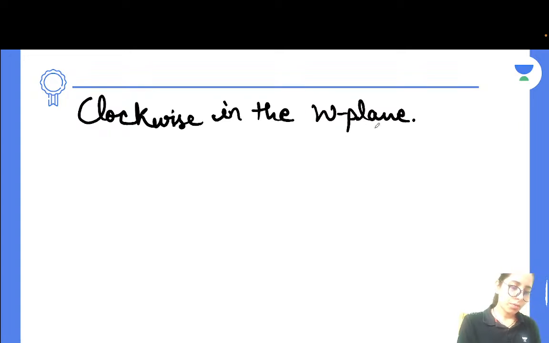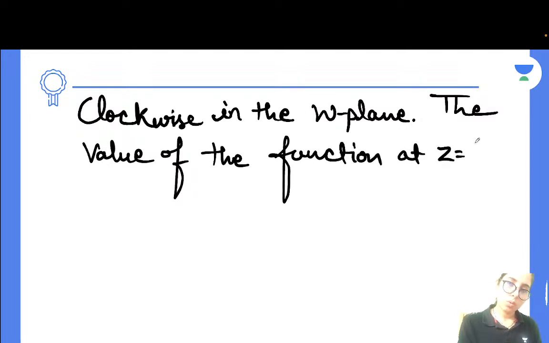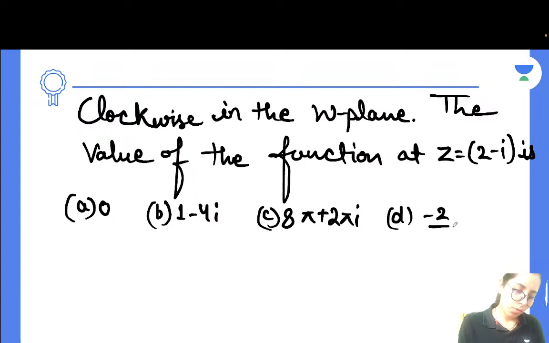The value of the function at z equal to 2 minus iota is: options are 0, 1 minus 4 iota, 8 pi plus 2 pi iota, negative 2 over pi, negative iota over 2 pi.